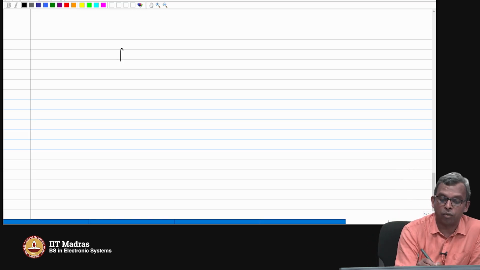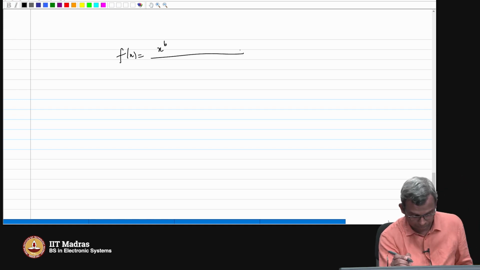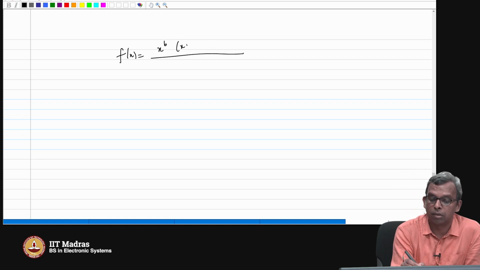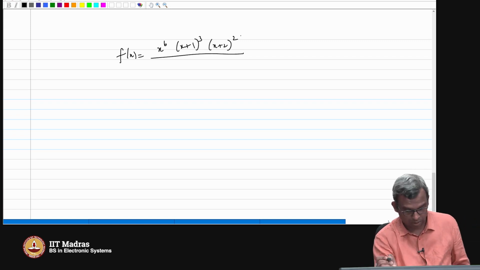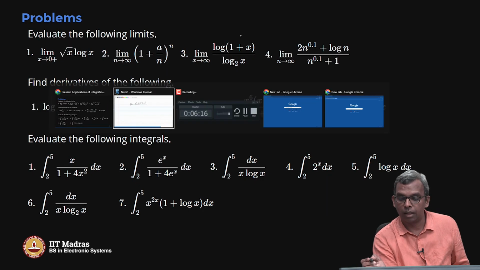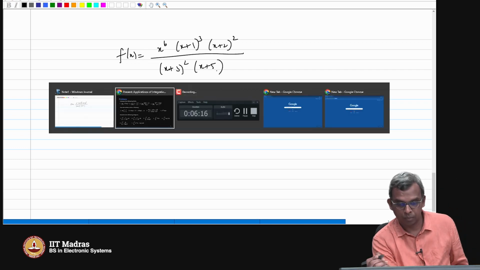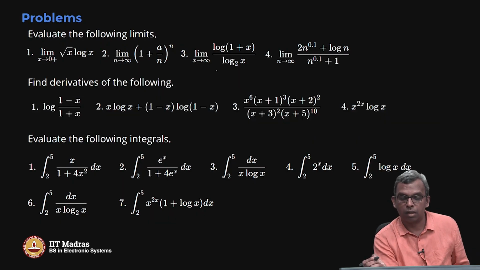Okay, so f of x is x power 6 times x plus 1 whole cube times x plus 2 whole squared, and then x plus 3 whole squared times x plus 5 power 10.